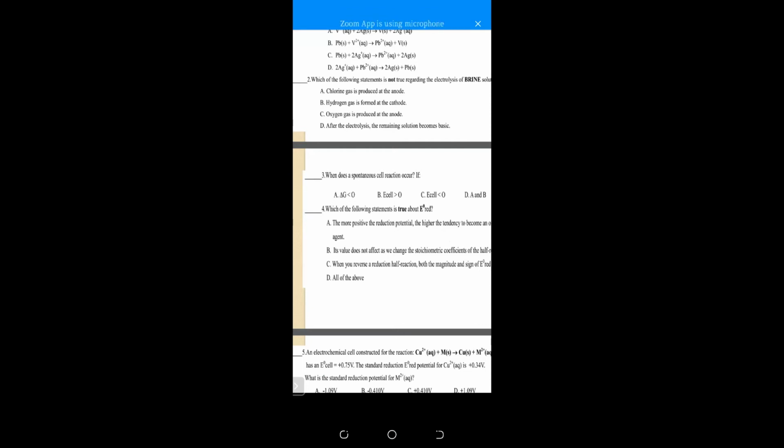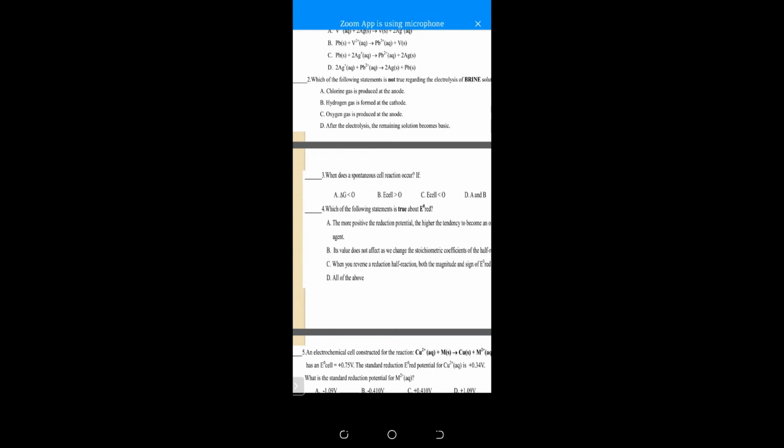Now, with diluted sodium chloride and concentrated sodium chloride, the product differs. If it is diluted, OH minus gets discharged at the anode, but when it is concentrated, chlorine gets discharged. So here, since it is brine, concentrated, what is discharged at the anode? Chlorine gas. Don't forget, at the cathode concentration does not affect.